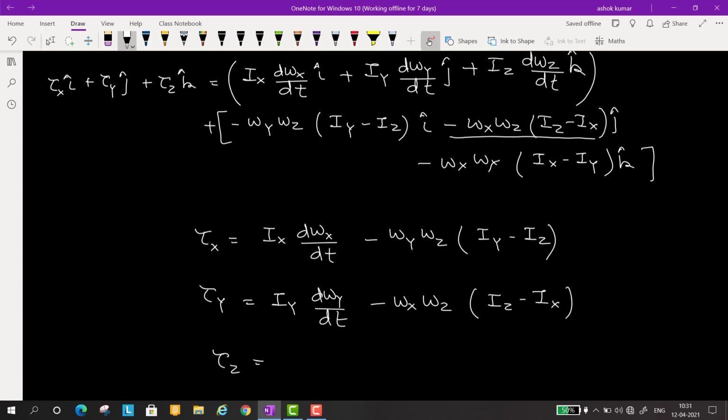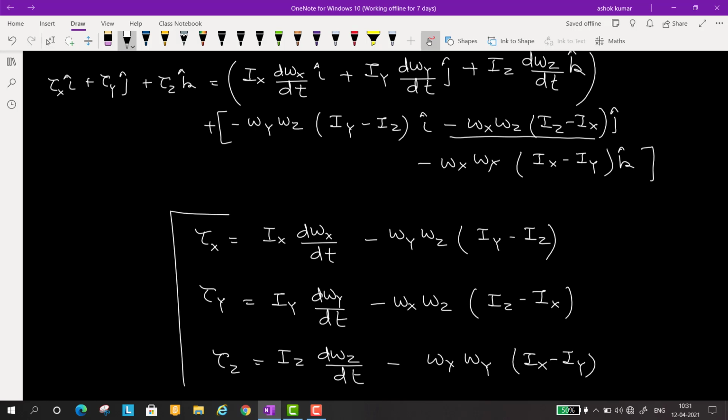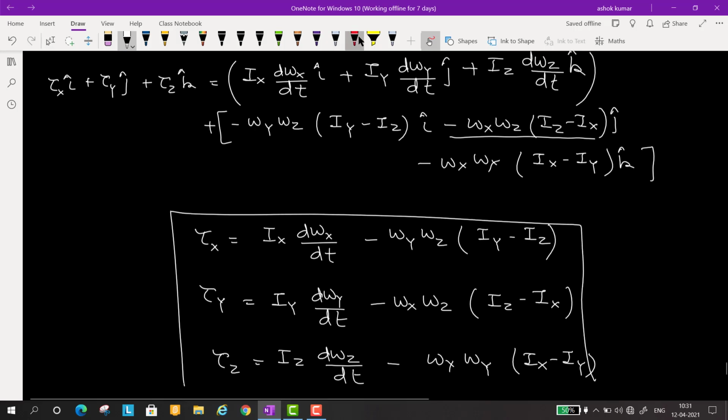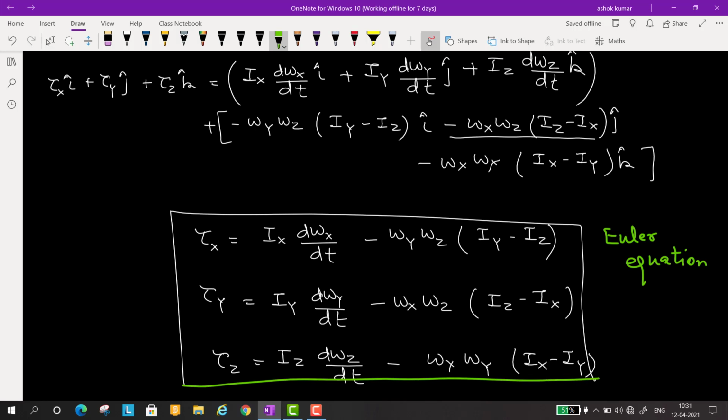Tau z equals Iz d omega z by dt minus omega x omega y (Ix minus Iy). And these equations are called Euler equations of motion for a rigid body, and these are very much similar to what you have studied in lower classes.